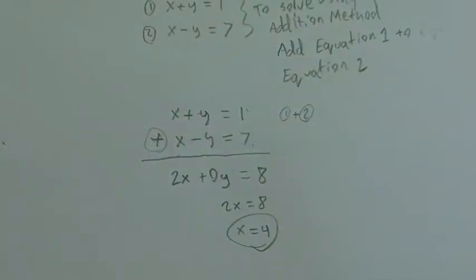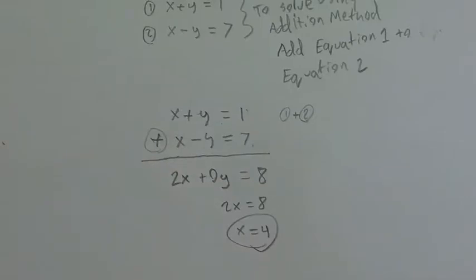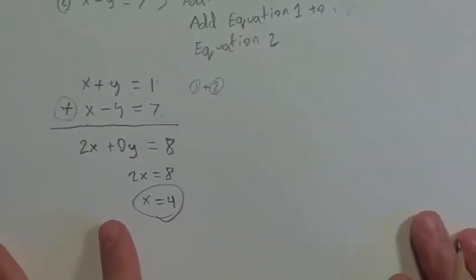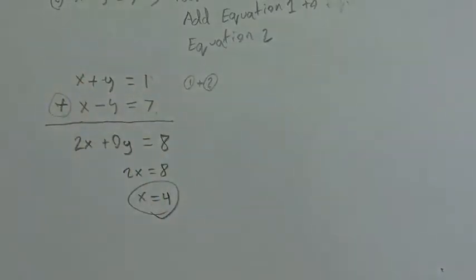Alright, and so now we can, from here, find our y, either doing the same thing or just plugging it in and simplifying from there. So one thing we can do now, I just want to show, we could plug our 4 into our x and solve, okay, but what I want to do maybe instead is let me subtract equation 1 and equation 2.